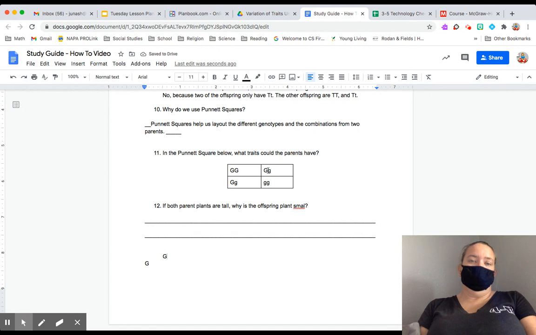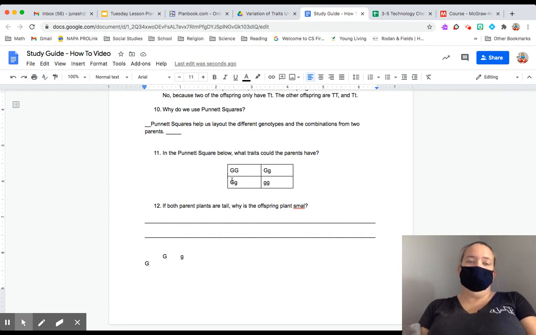Now as I look at the second box, here's my big G. Since it's not in line with that first box, I'm assuming this G goes over here to the side. And here's my little g. That one's got to go up on top. Then I need to figure out what to do with these letters.